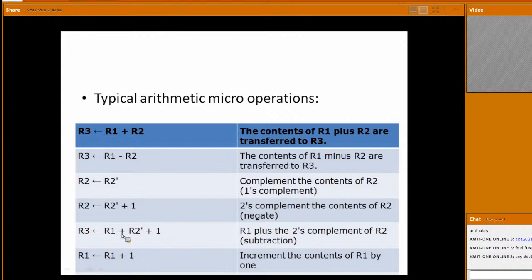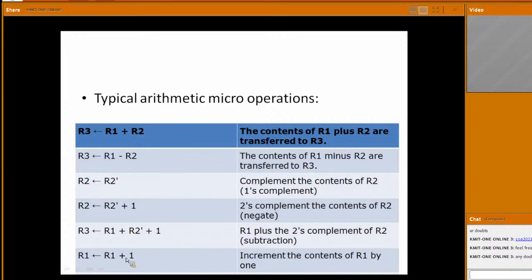Next, R1 plus R2 complement plus 1 uses the 2's complement. So here you can perform the subtraction R1 - R2 by using the 2's complement and addition. Both R1 - R2 and R1 + R2 bar + 1 are equal, and both perform only the subtraction operation.